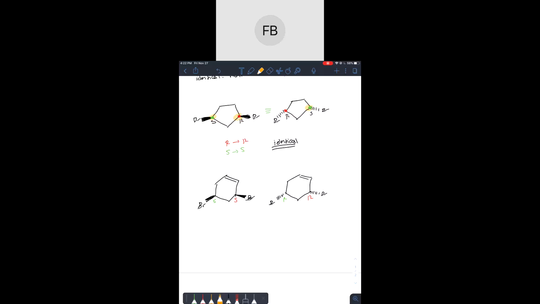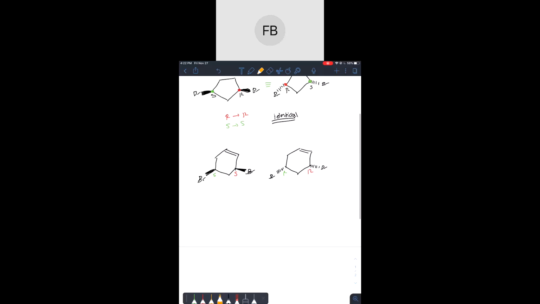And the one I did in R is the one that's red, it's R in both situations. So it's the same thing. Nothing has changed about it. But in this bottom one, we know for sure that this carbon right here definitely went from S to R because there is a differentiating factor here. This chiral carbon on the right of the molecule is very close to the double bond.